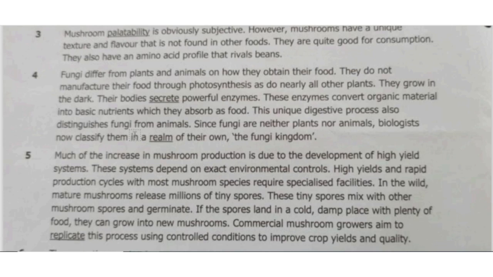These enzymes convert organic material into basic nutrients, which they absorb as food. This unique digestive process also distinguishes fungi from animals. Since fungi are neither plants nor animals, biologists now classify them in a realm of their own, the fungi kingdom.